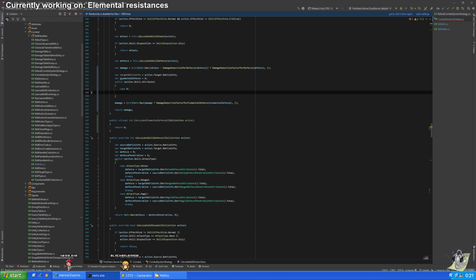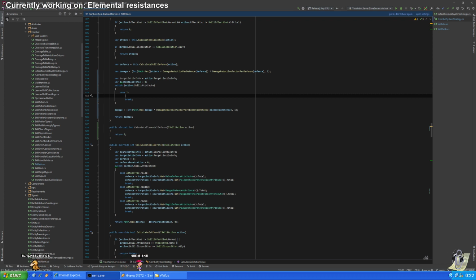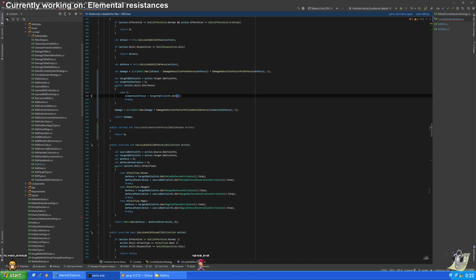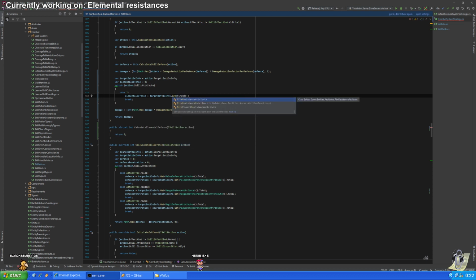But now I need a proper attribute. But let's just for testing right now use AD1, which is gonna be elemental defense equals target battle info get fire resistance attribute.